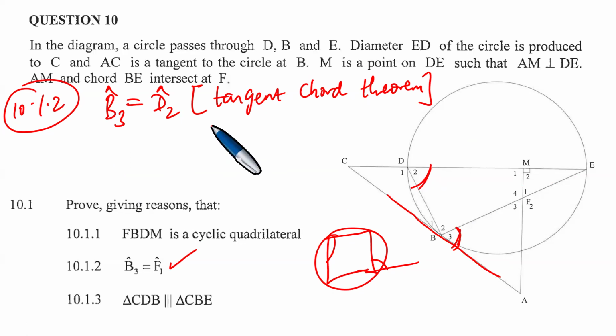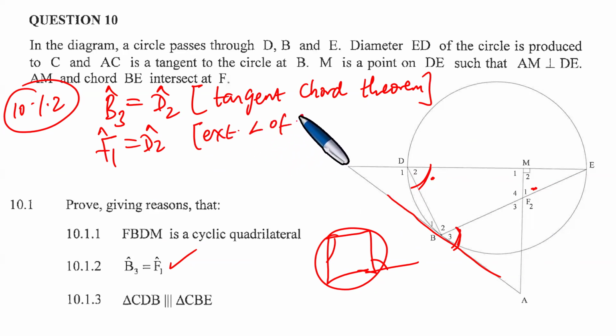Next, because we already know that FBDM is a cyclic quad, angle F1 is equal to angle D2, the angle that sits here. Why is this? Exterior angle of cyclic quad.